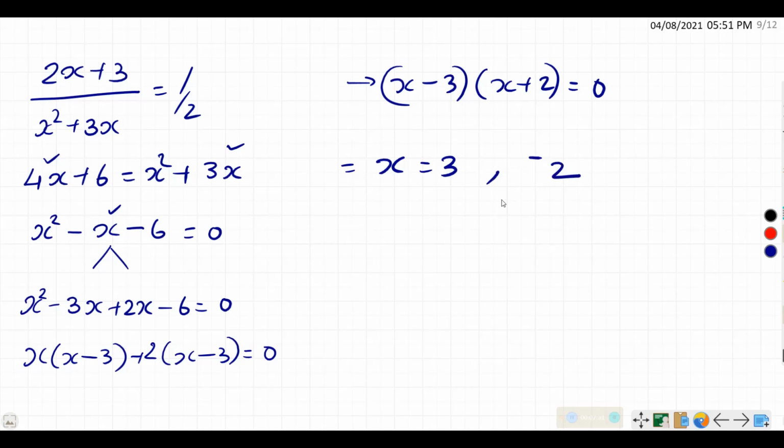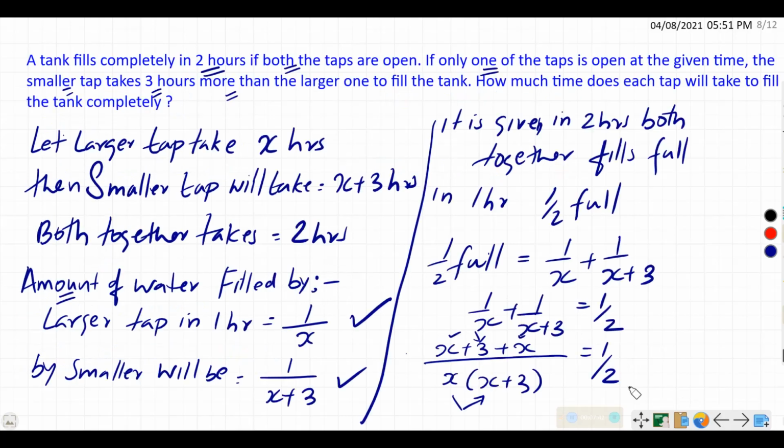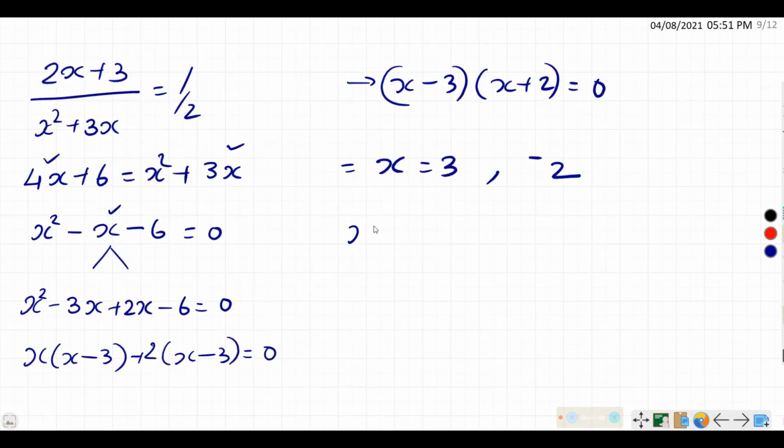And we know that at the beginning we kept x as the time taken by the larger tap to fill the tank, and it should be positive because it is time. So the 3 hours is the correct answer. So larger tap will take 3 hours.